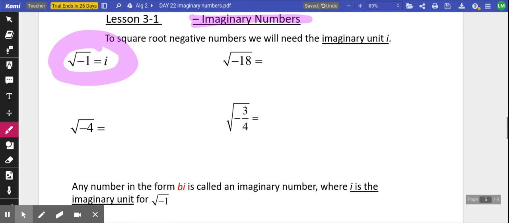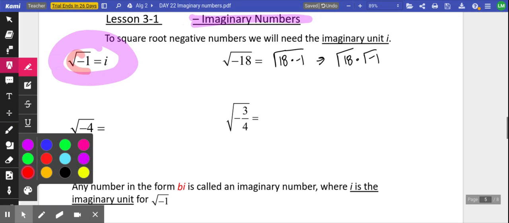All right, so let's take a look at something like the square root of -18. Remember, we need to simplify something like this. So I'm going to break this down. I'm going to write this as the square root of 18 times -1. And then with this, I can give each of these their own radical. So I can write the square root of 18 times the square root of -1. And at this point, remember, we said over here on the left that the square root of -1 equals i.